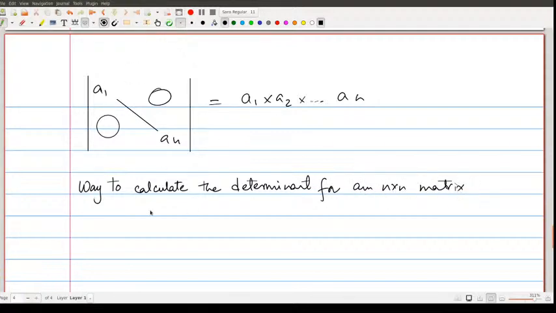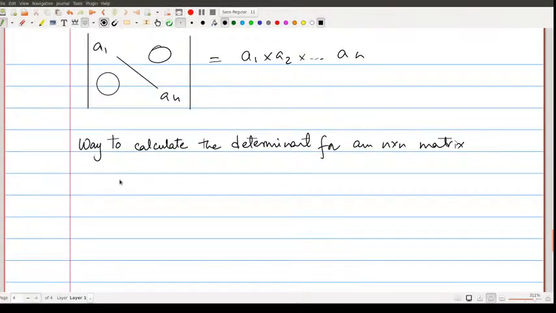How does this property give me a way? This gives me a way by first, if I have an n by n matrix A, then what I can do is I can do LU factorization and write A is equals to LU, okay?